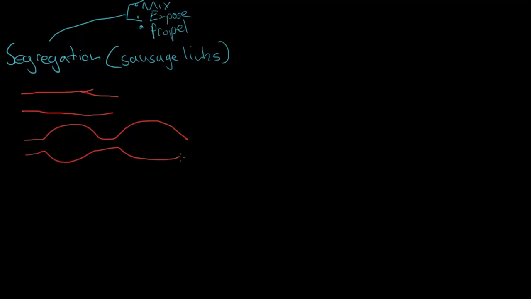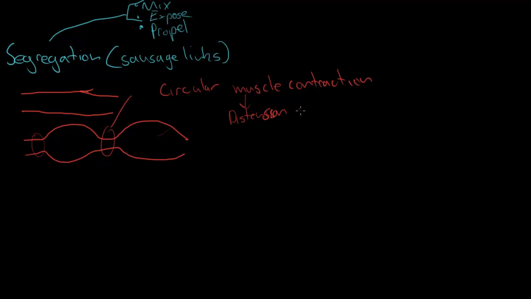You can imagine here is circular muscle contraction. In segmentation you have alternating points of circular muscle contraction and distension. That contraction will cause distension proximally, both in front and behind.